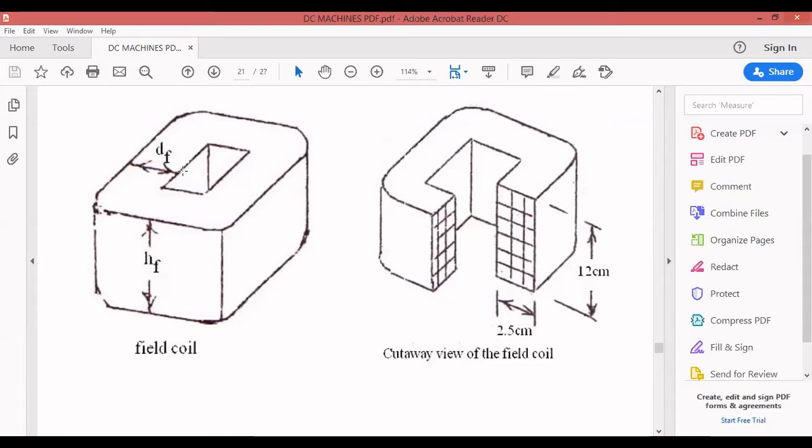So for the length of mean turn of the winding, I take the average between these two, because the length will not be the same for the innermost winding. The outermost turn will be a little bit more. So I take the average: Li plus Lo divided by 2. In between value I am going to take.